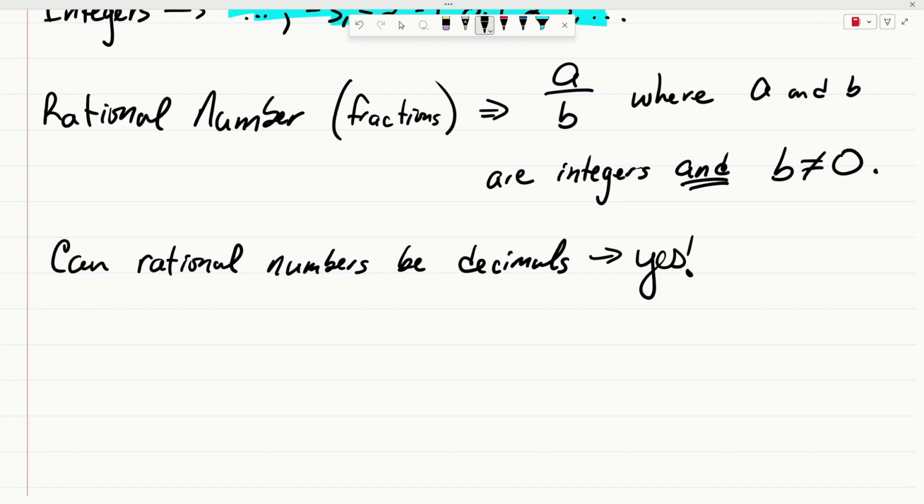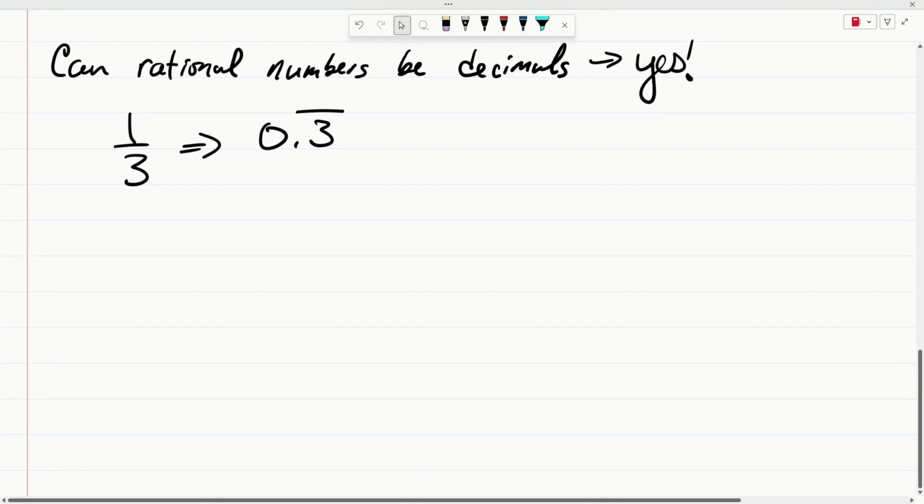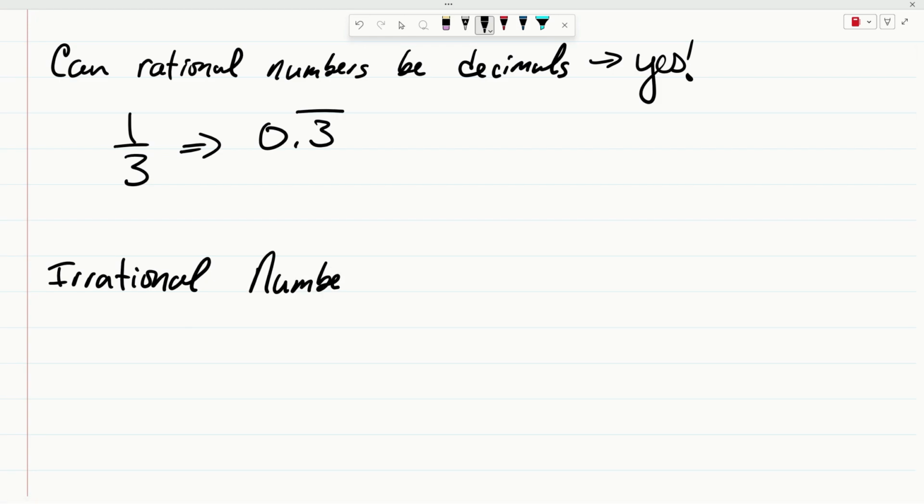Remember, a rational number can be written as a fraction. So, 1/3, although its decimal representation is 0.3 repeating, is a rational number because it can be written as 1/3. So, rational numbers can be decimals. But then the question becomes, what if you have a non-repeating decimal? Well, that's our last group. And those are called irrational numbers.